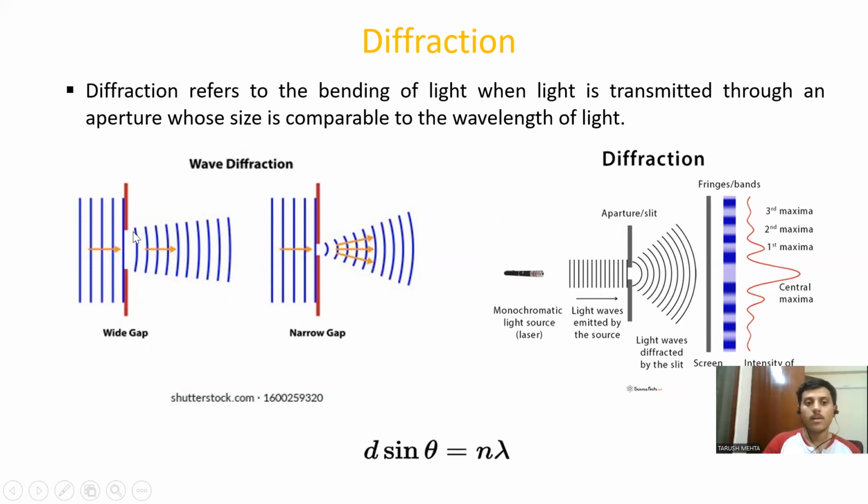For example, as the aperture size here is reduced, the incident light that is striking this aperture is observed to bend at the output side. And if we place a screen at the output, we can observe different maxima and minima, which are formed due to constructive interference or destructive interference, respectively.